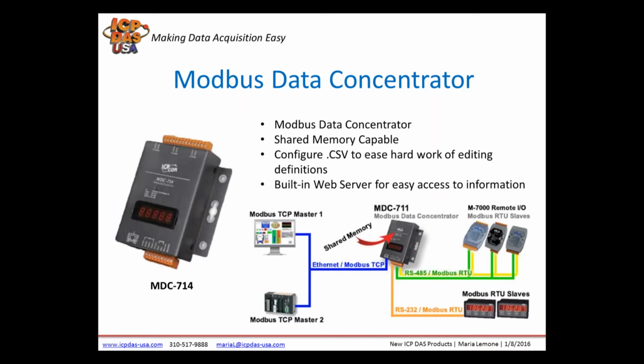These help save time since the masters pull one device instead of having to pull hundreds of slave devices one by one. The MDC 714 has a built-in web server for quick and easy configuration and viewing of information for performed results of each Modbus RTU command on the RS-232 RS-485 bus. It mirrors the data of the slave devices to its own shared memory.